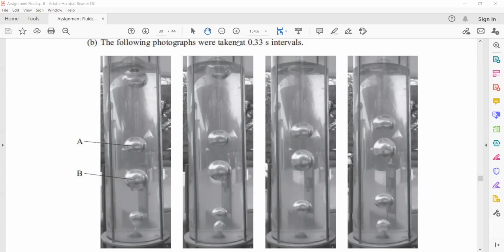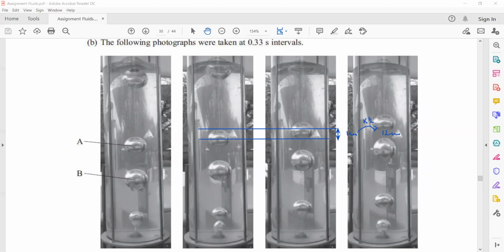You can take their centers, draw a horizontal line on the center using a ruler and measure this distance. What is the meaning of 1 to 12? For example, if it is 1 centimeter in the photograph, actually it is 12 centimeter. The figure size is 1 by 12 of the original size.